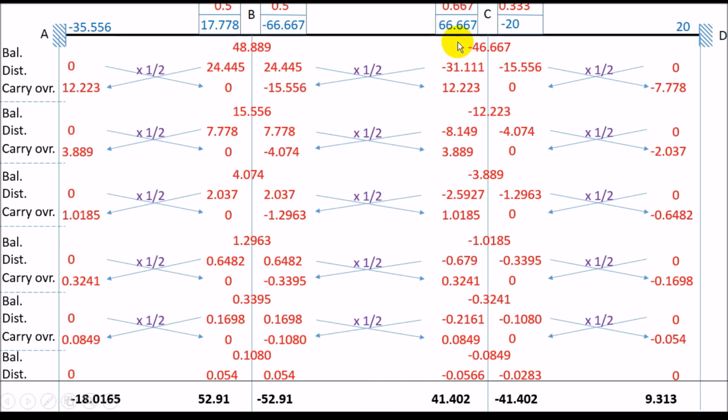Again, same thing to be done here, and you have to start your addition from the fixed end moments, and add all the values right to the last step, the distribution step. So these are my final moments, and you can see that these moments have to match.